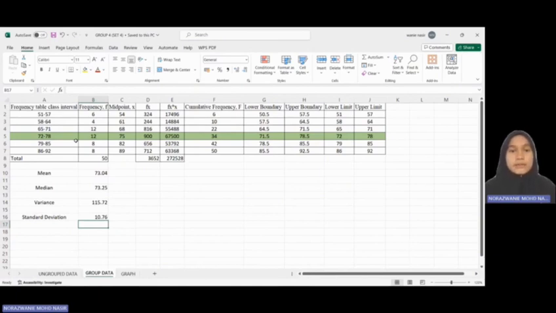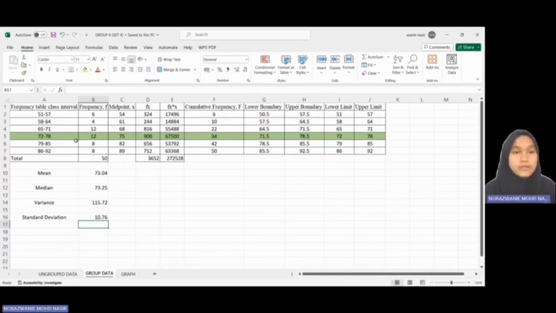Lower boundary is the lower limit minus 0.5, and upper boundary is the upper limit plus 0.5, where the lower limit is the first in the class and the upper limit is the last of the class. So from this table, you will get the mean, median, variance, and standard deviation.